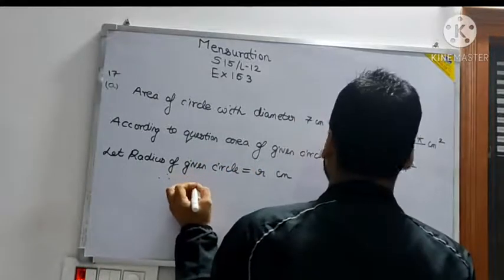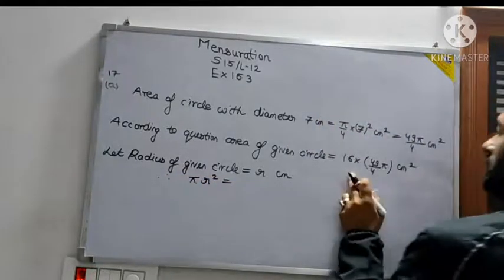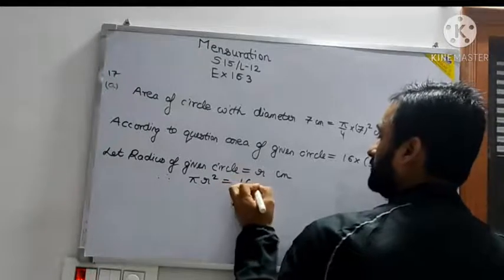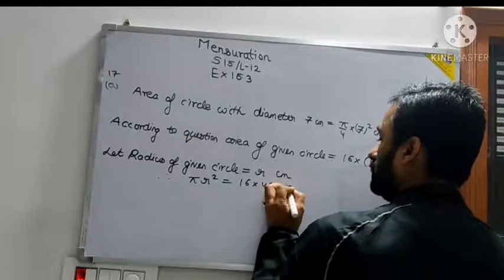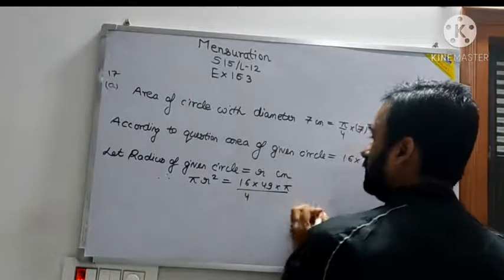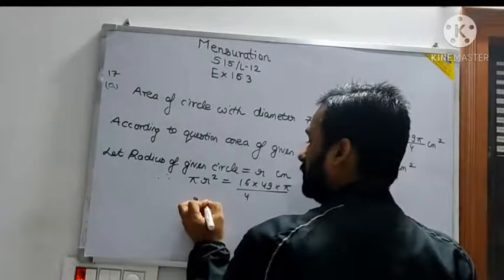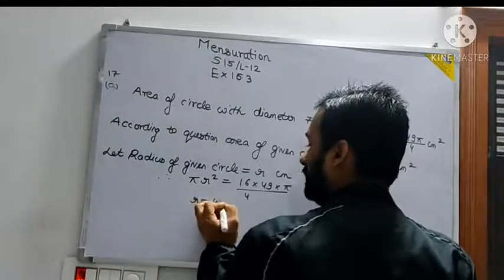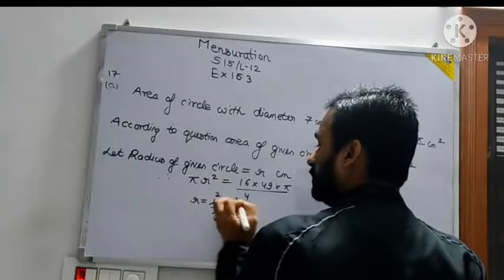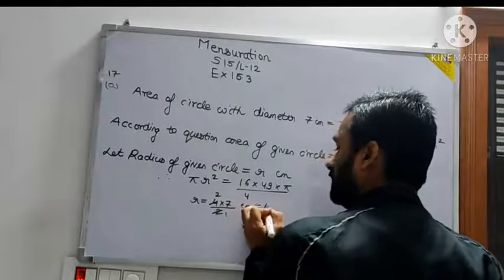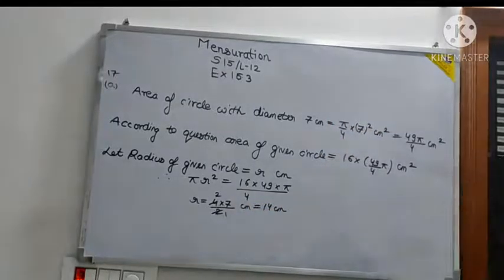Therefore pi r square will be equal to 16 into 49 into pi by 4. Pi and pi get cancelled. r will be equal to 4 into 7 by 2, and 2 on the 2 to the 4, so 7 to the 14 centimeters is the radius. And accordingly, what will be the circumference?